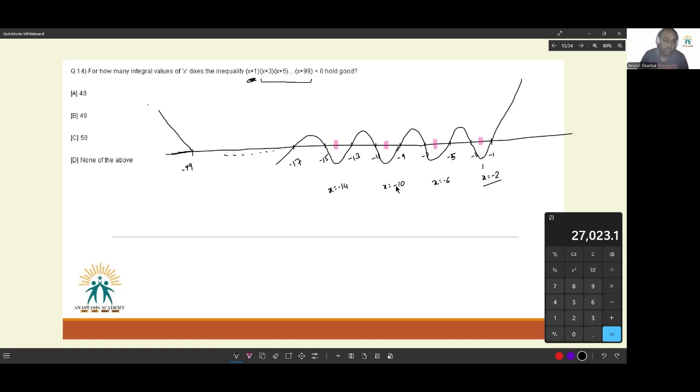This is basically an AP: 2, 6, 10, 14, and so on and so forth. We will keep on going until we reach x equal to -98. These are all 4n plus 2 kind of numbers.